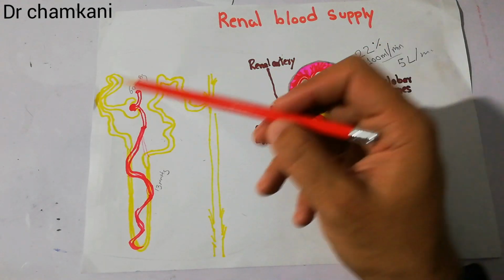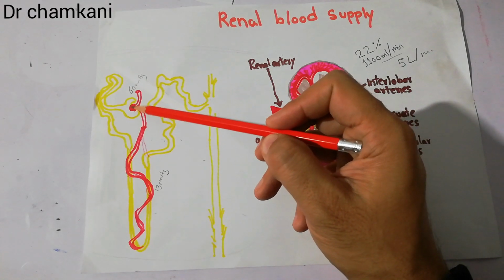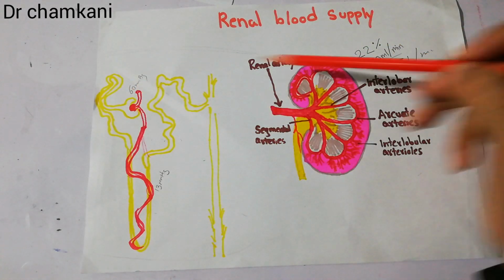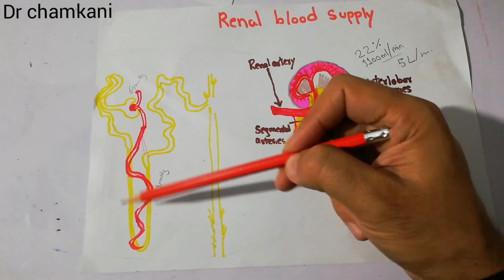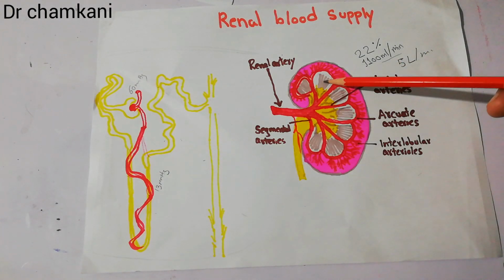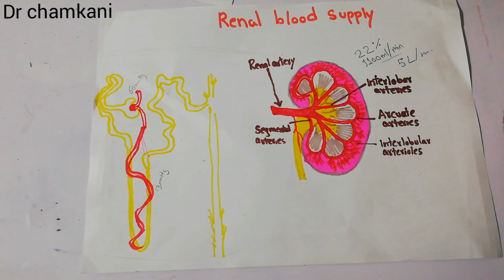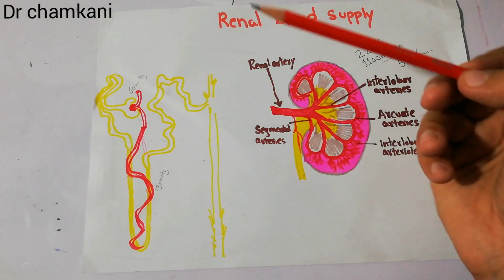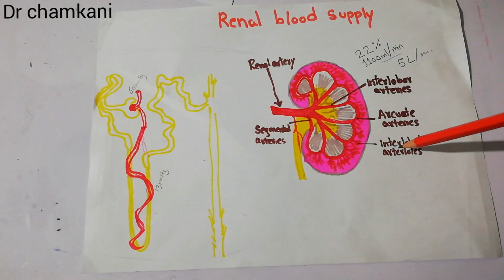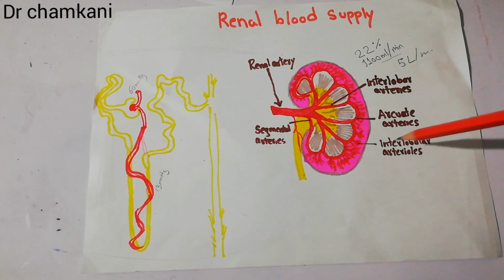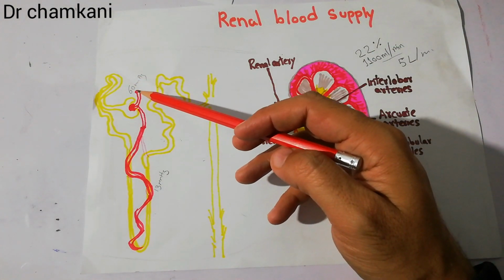Here the final filtration process occurs at this level in the nephron. This is one nephron taken from this pyramid. The whole kidneys have around 8 million nephrons, and this is one nephron. So the final branching of the interlobular arteries becomes the afferent arteriole.